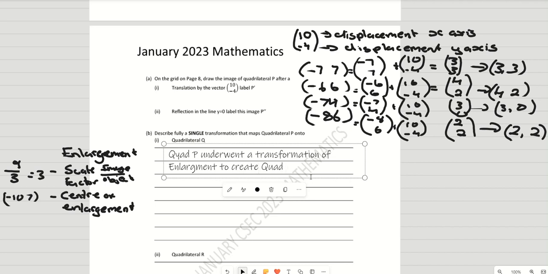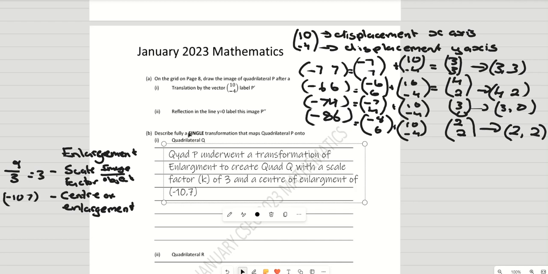quad Q, quad meaning quadrilateral Q, with a scale factor of 3 and a center of enlargement of minus 10, 7.